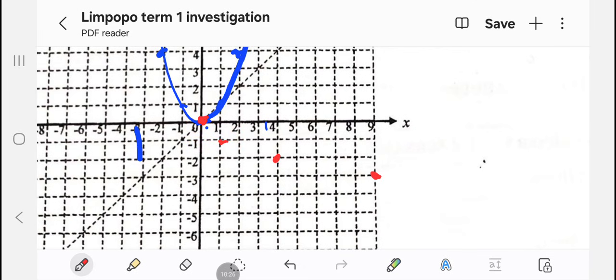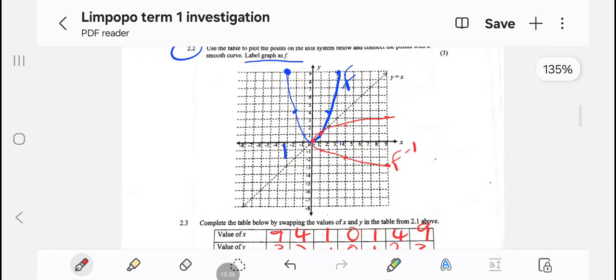And then we have 0 and 0. And then we have 1 and 1 there. Then we have 4 and 2, they meet here. Then, did I miss something? 9 and 3. So this is our inverse, f inverse. So our graph is like that.